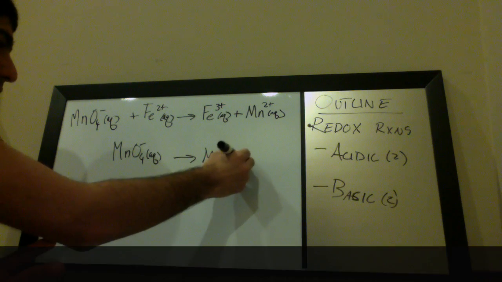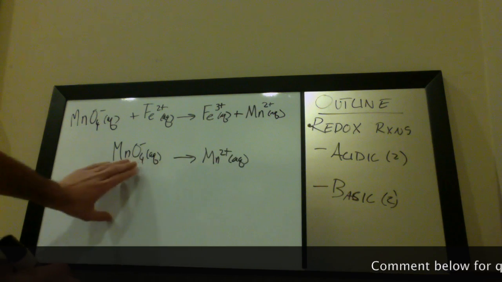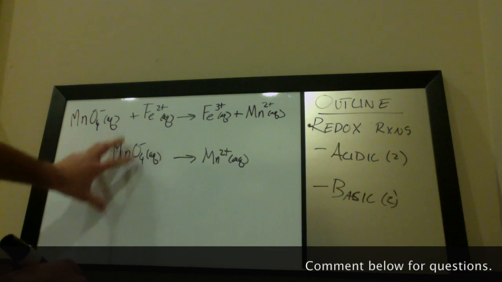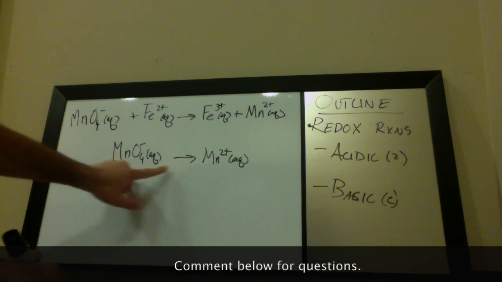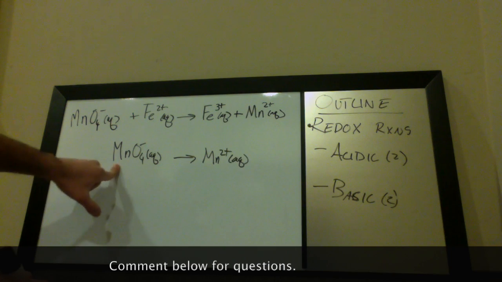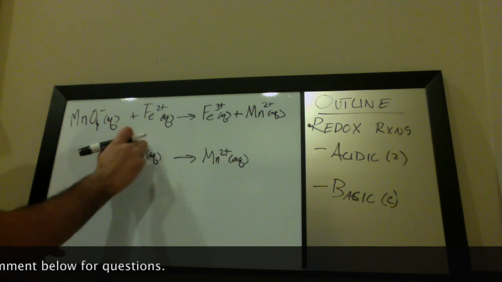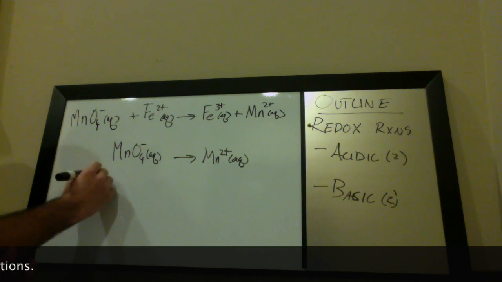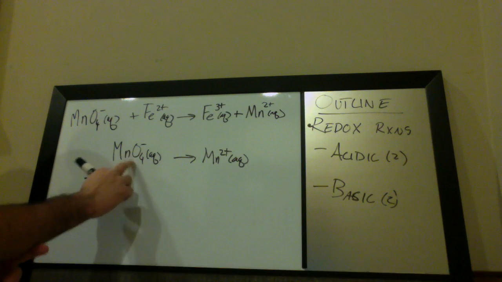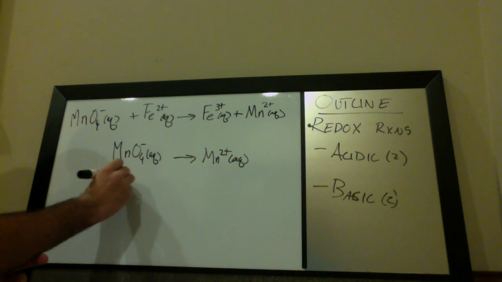All I know at this point is that the overall ion here has a -1 charge, but I need to know if the manganese has been oxidized or reduced. So I'm going to find out the charge of manganese, and to do that, I know the overall charge here is -1. So I'm going to write down this equation: -1 equals the oxygen charge plus the manganese. The oxygen has a -2 charge, but there are 4 of them, so that's -8.